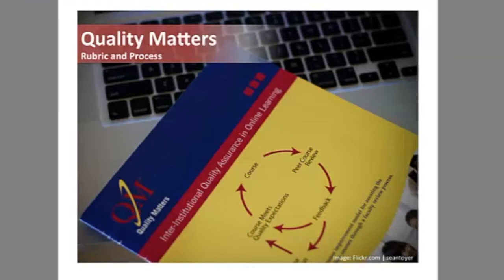And if you're not a subscriber and you don't have access to this rubric, there are tons of great free resources out there. I did a brief search on free online course rubrics, many of which are loosely based around Quality Matters, but Quality Matters is really just based around course design principles, effective practice, and research from the literature.